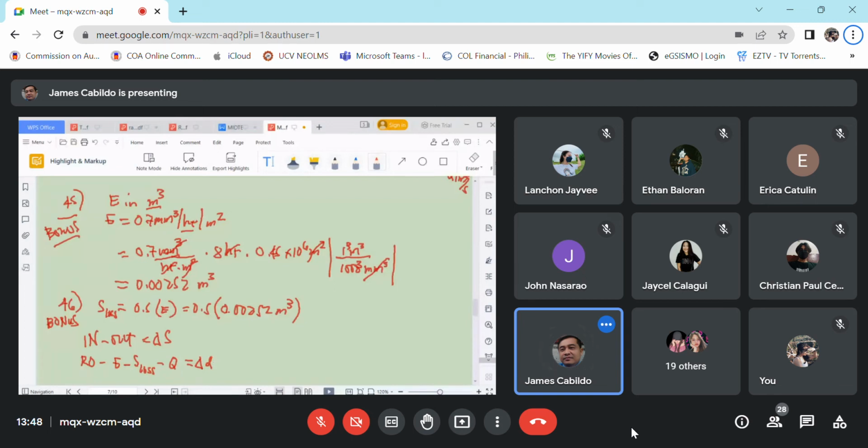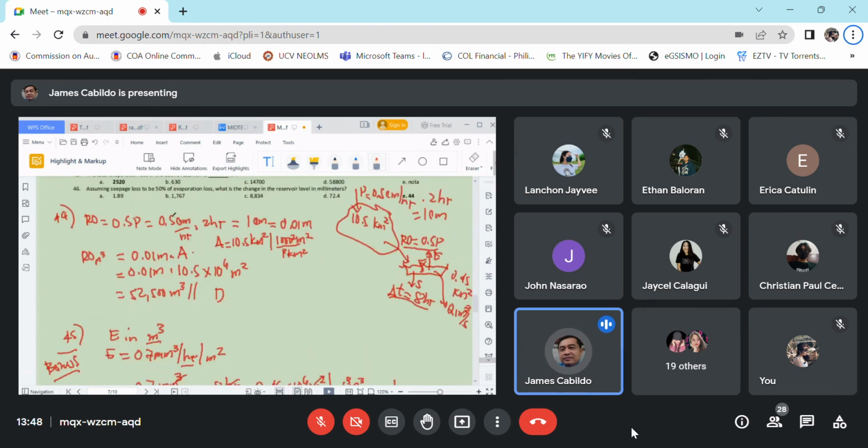So, change in depth. Ibig sabihin, lahat ng items na to na runoff, evaporation, seepage, gawin na natin in terms of depth. So, yung runoff, ang nakuha natin ay in terms of cubic meters. So, i-divide natin yung area ng watershed.